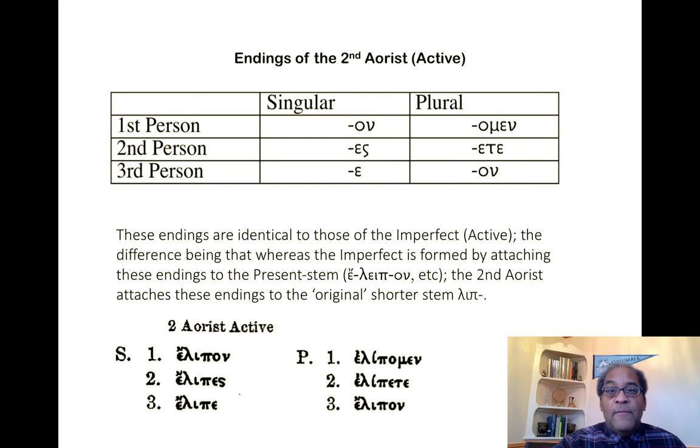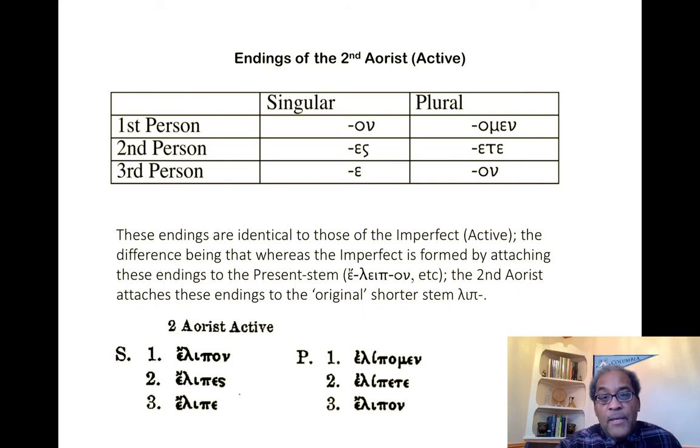So the endings of the second aorist are on, es, e, omen, ete, on, and these personal endings are identical to those of the imperfect.